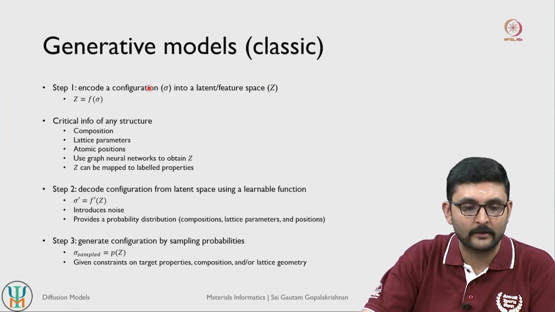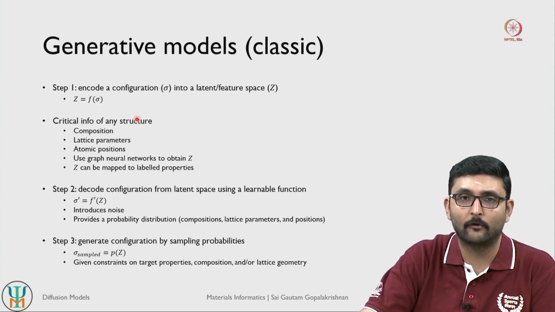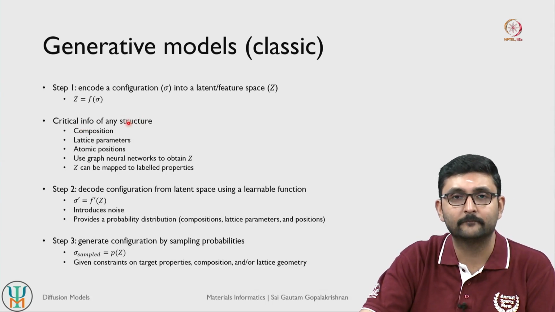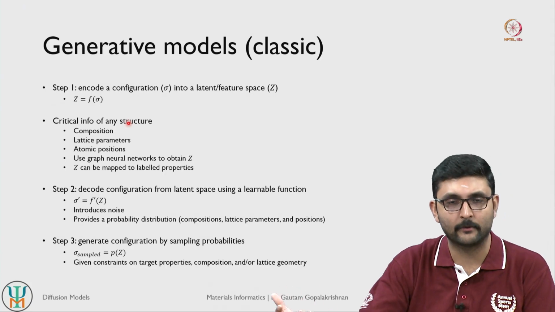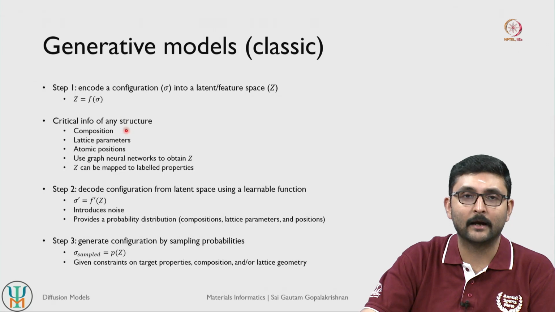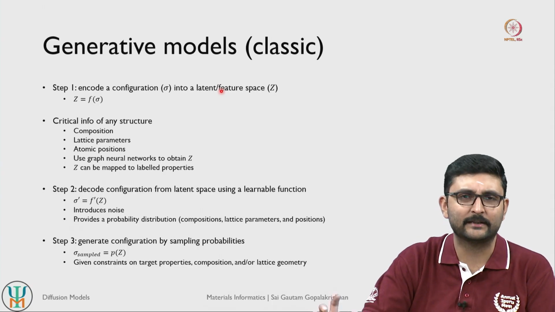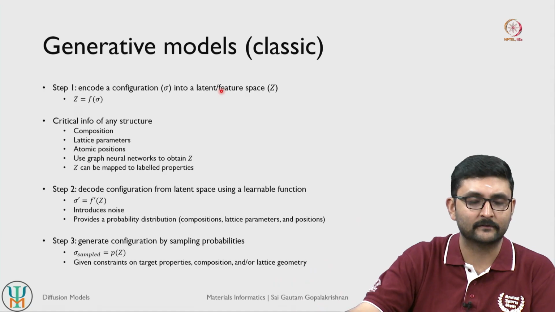If you take a materials example, you want to encode some kind of structure, which is a collection of atoms, atomic positions and bonds, into a latent or feature space, which can be some kind of higher dimensional space that represents what the structure is.